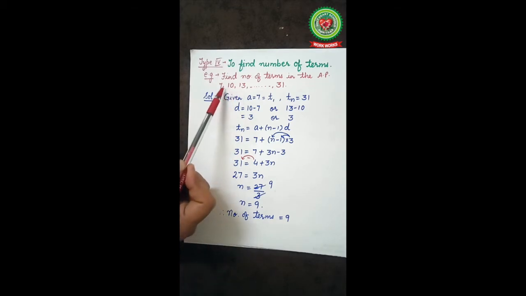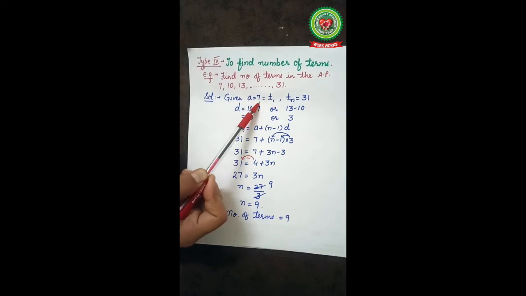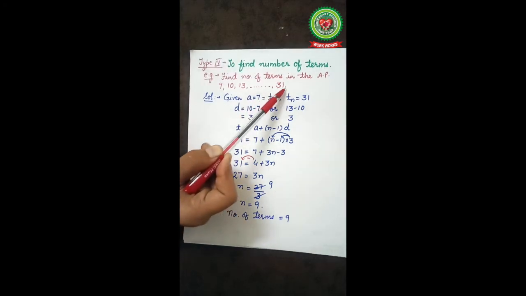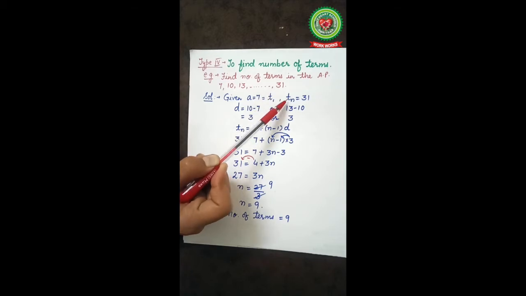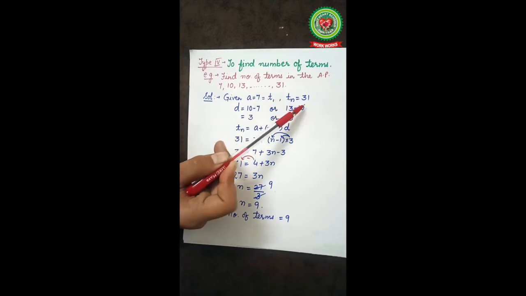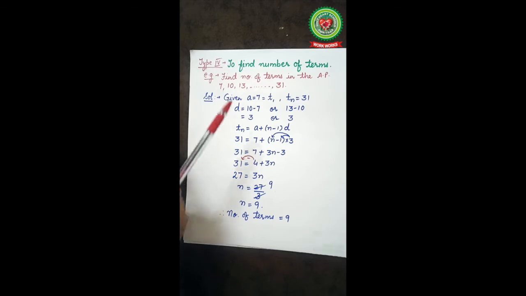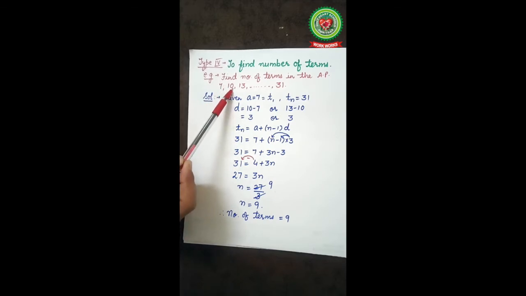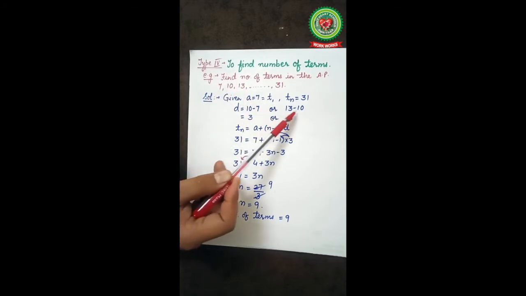Here, the first term a is equal to 7. Here, the last term is given. We don't know the number of terms, so suppose that Tn is equal to 31. Now, d we can easily calculate by subtracting the terms, that is 10 minus 7 or 13 minus 10.